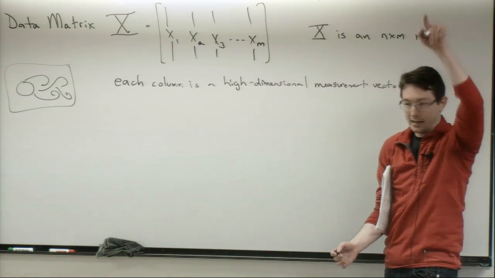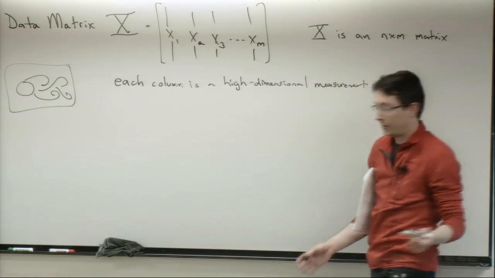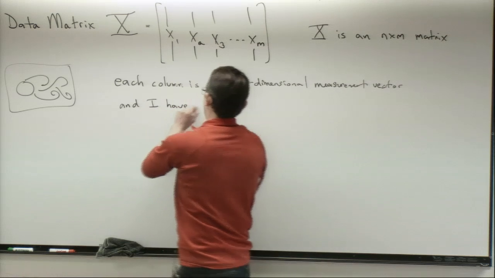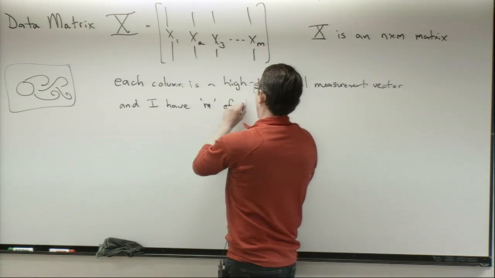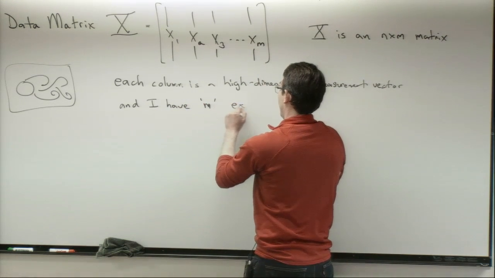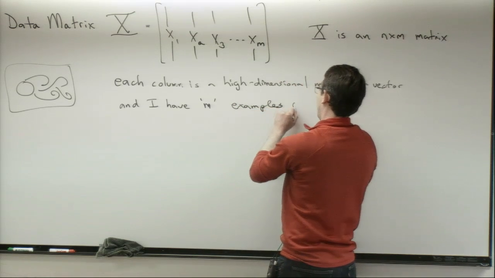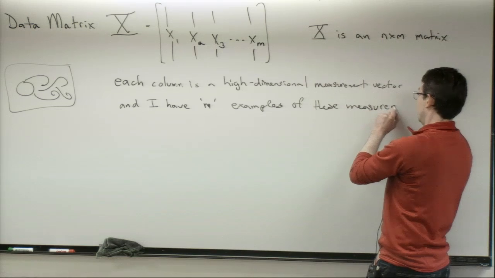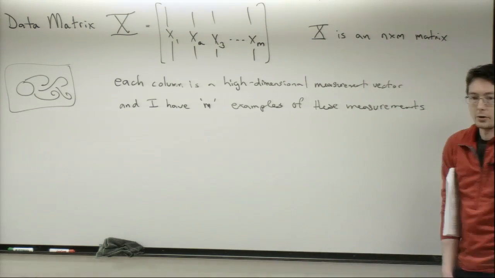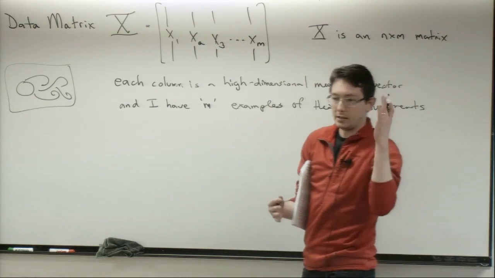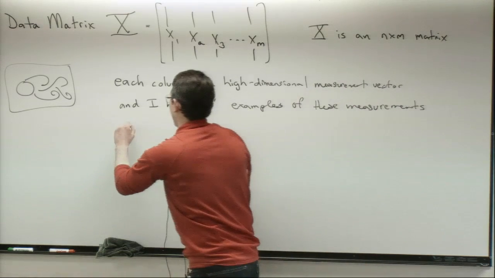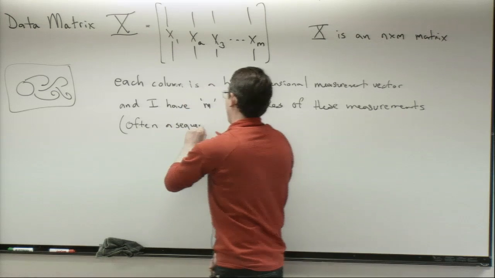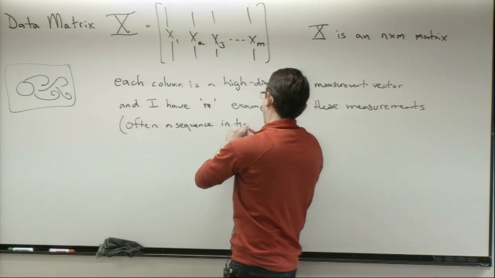The dimension of the measurement is how many pieces of information I need in that measurement. And I have m examples of these measurements. The m examples might be a sequence of measurements in time.